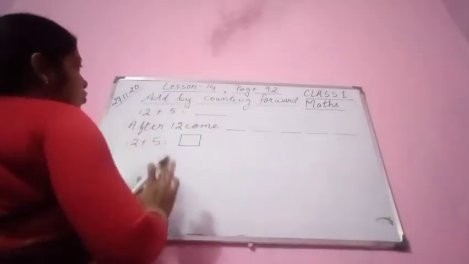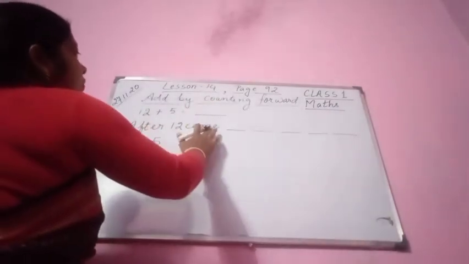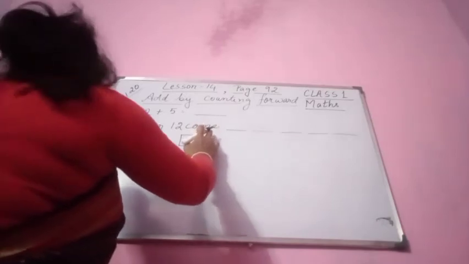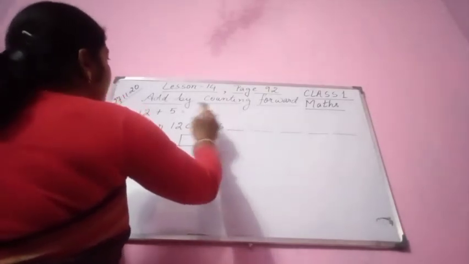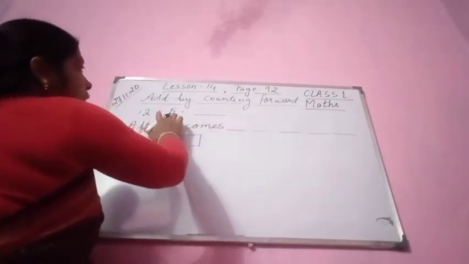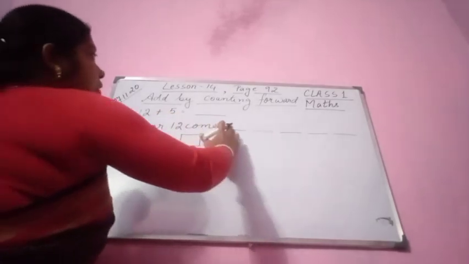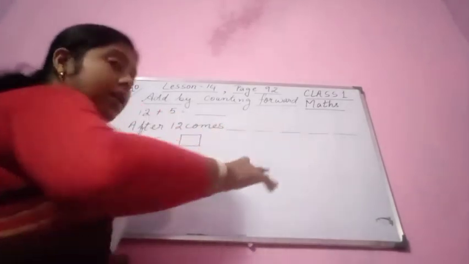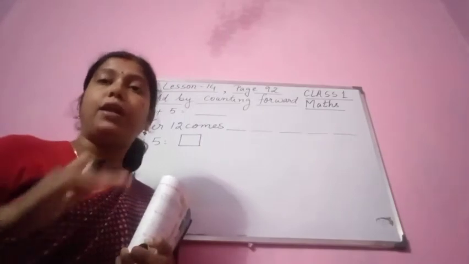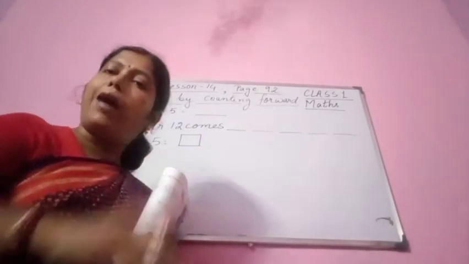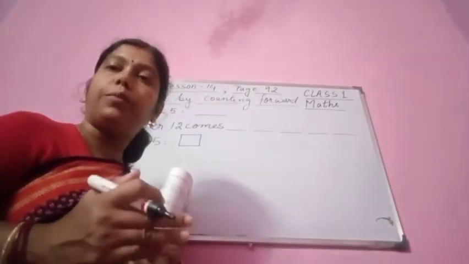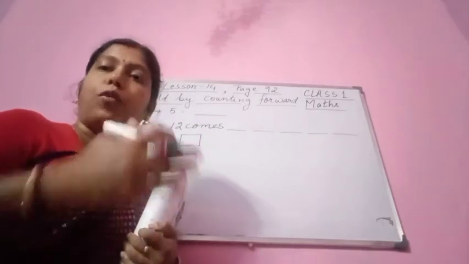All right, you please see here 12 plus 5, we are going to count. See, after 12 what comes? We are going to write the 5 numbers that will come after 12. 12 plus 5 means after 12 we are going to count 5 more numbers.